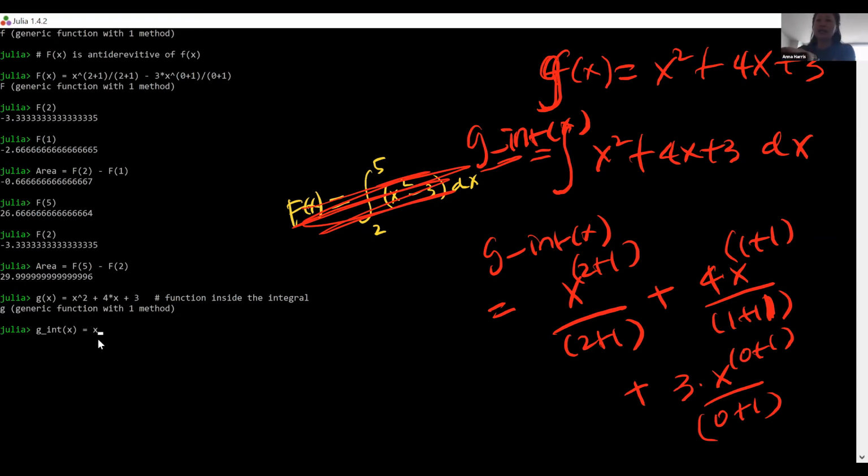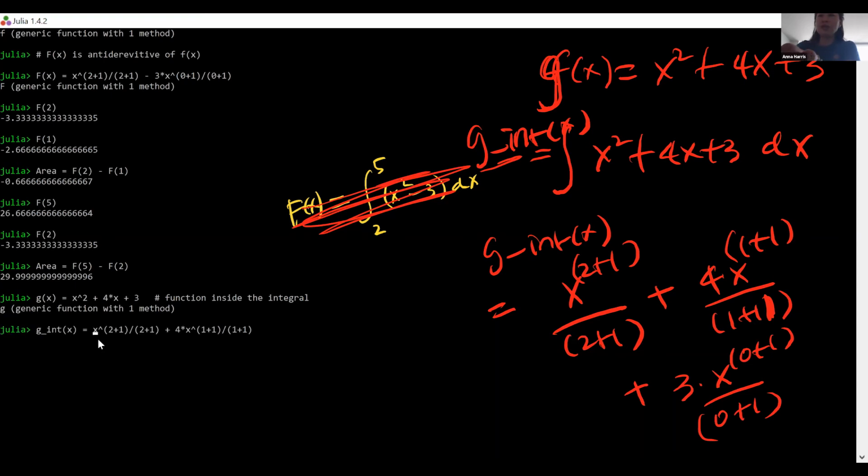So x to the 2 plus 1 and everything divided by 2 plus 1, plus 4 times x to the 1 plus 1, everything divided by 1 plus 1.